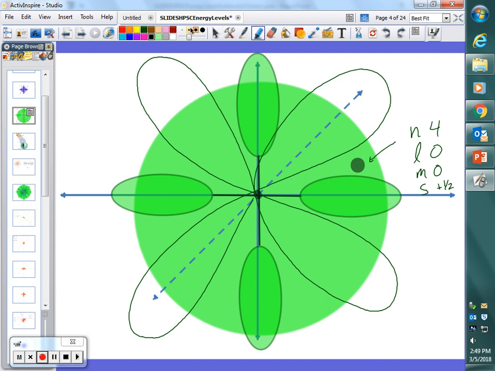So, electron number 1 is right here. Electron number 2 is right here. Electron number 3 is right here.